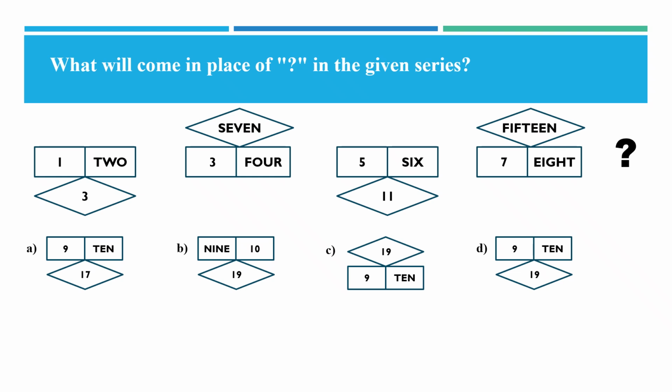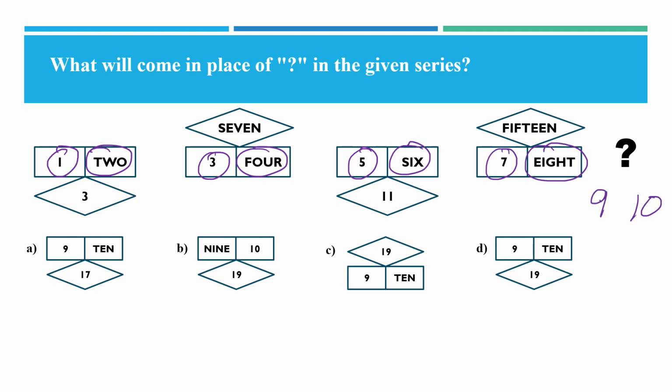What will come in place of the question mark in the given series? Let's understand the series first. I see 1, 2, 3, 4, 5, 6, 7, 8, and the next number obviously would be 9 and 10.